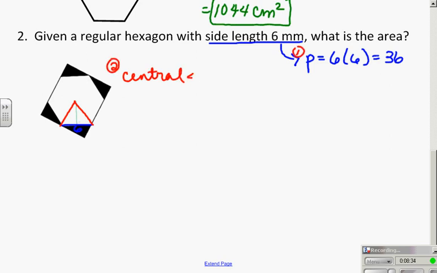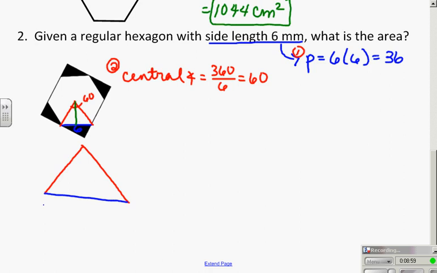Central angle, put a little 1 by that. Central angle is 360 divided by 6 sides for a hexagon, which is 60. So this big angle is 60. But the apothem, which is what is right here, bisects it.